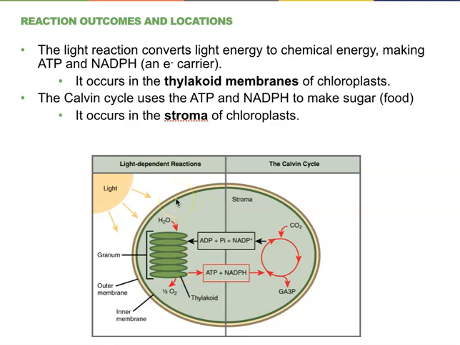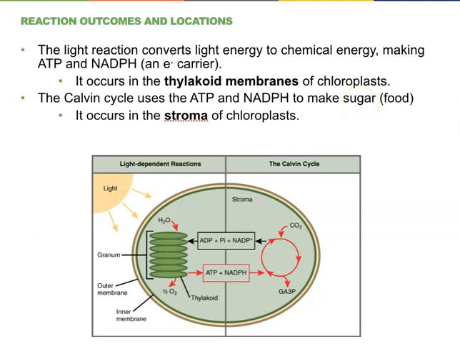The Calvin cycle then uses the ATP made in the light reaction, and NADPH, to make the sugar. It occurs in the stroma of the chloroplast, which is over here. So we make materials that transfer over here, and then we get the products of the Calvin cycle such that we can make the sugar itself.